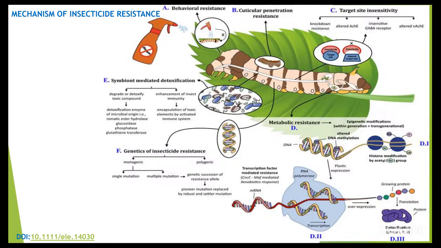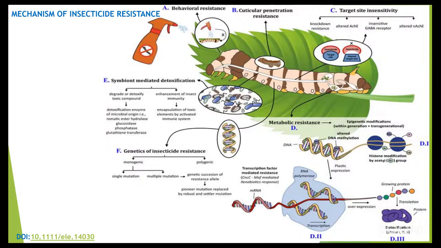Coming to the behavioral resistance here, you can see. Behavioral resistance is the inheritance of a behavior pattern that somehow causes the insect to avoid a toxic dose. So the insect will not completely encounter the toxic dose, but it will try to avoid it. So resistant insects may detect or recognize a danger and avoid the toxin.